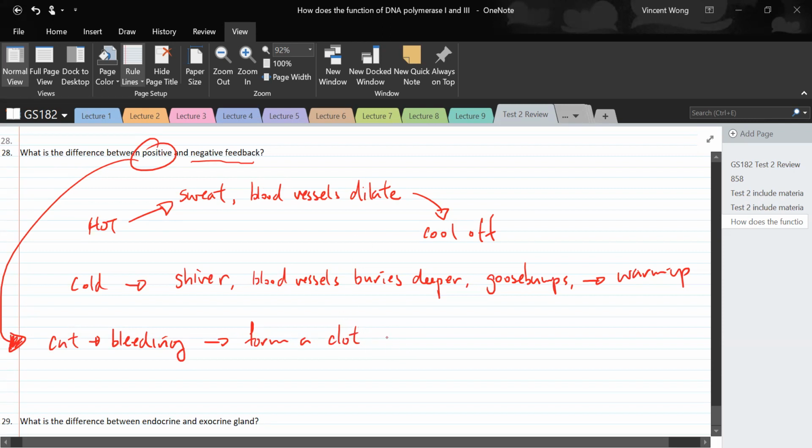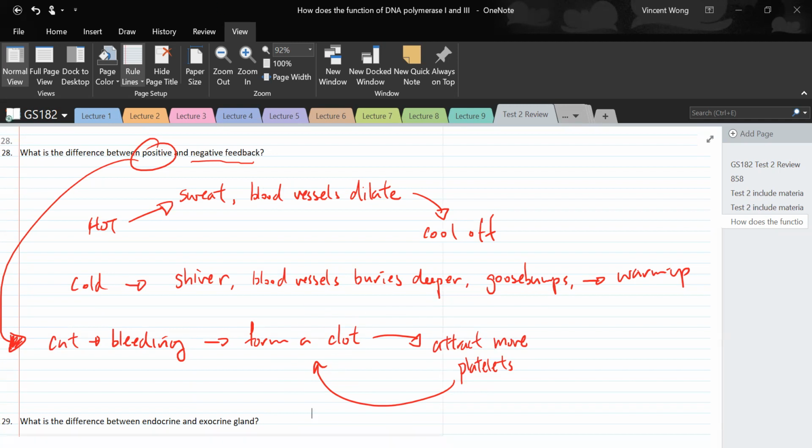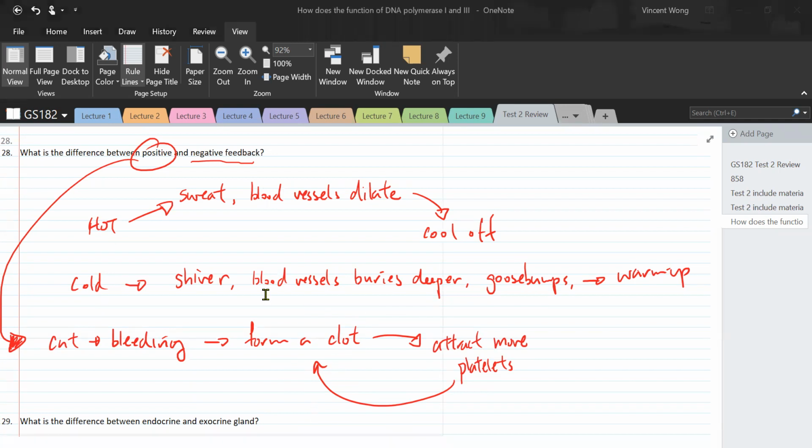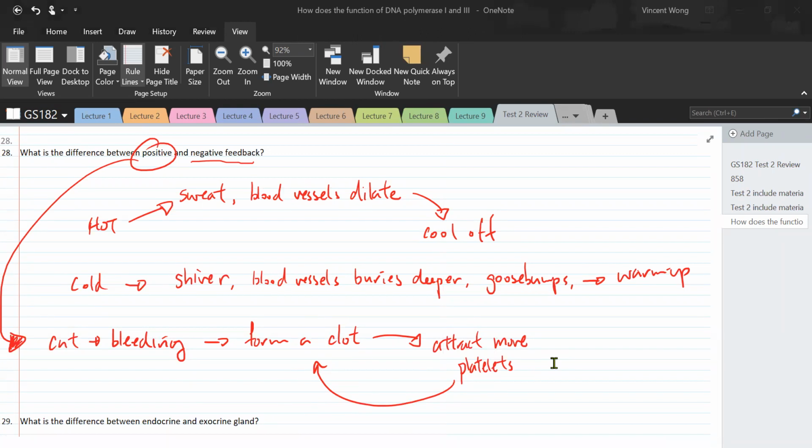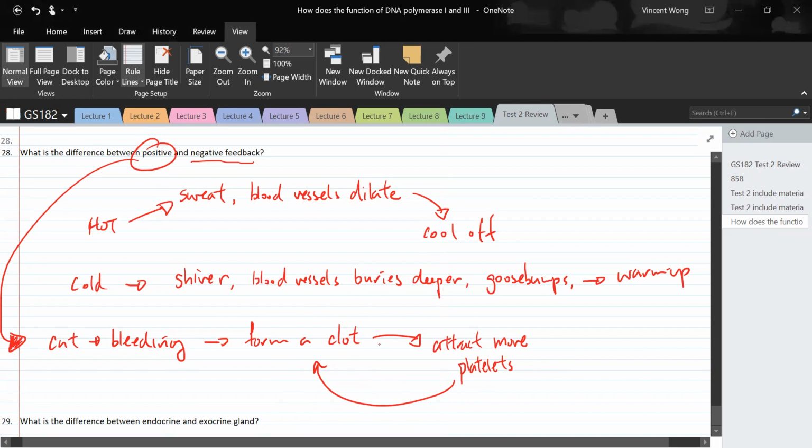Once you start to form the clot, you will attract more, we call them platelets. Well, you know, right? Lecture 10, we talked about platelets. And then platelets will form more clot, and then you attract more platelets, and it just keeps on feeding back onto itself, exaggerating it, right? So that's called positive feedback.